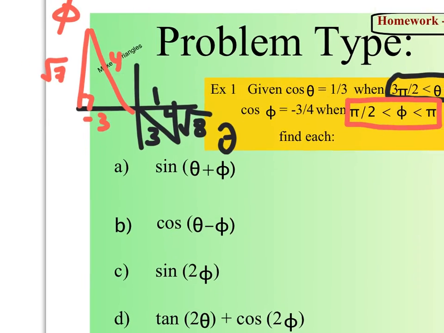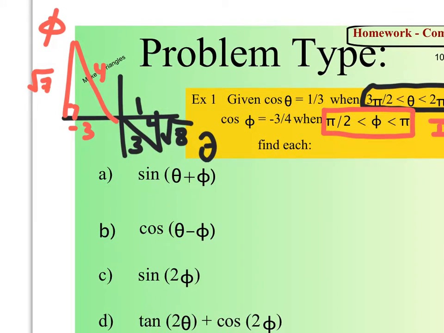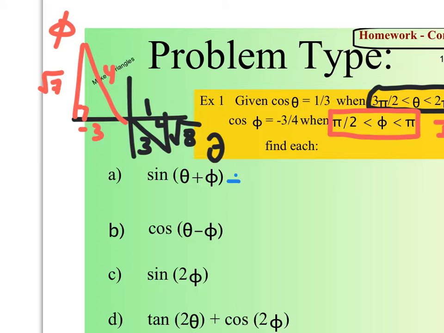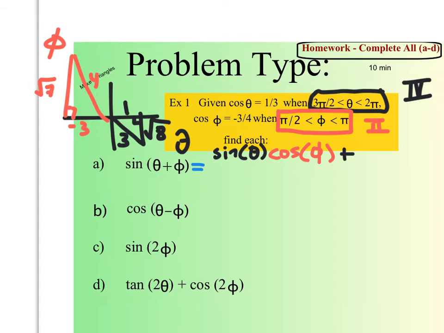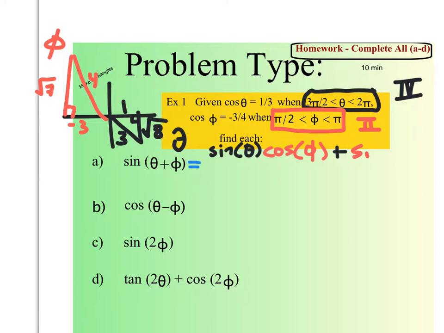Let's find the sine of theta plus phi. That would be the sine of theta times the cosine of phi plus the sine of phi times the cosine of theta.